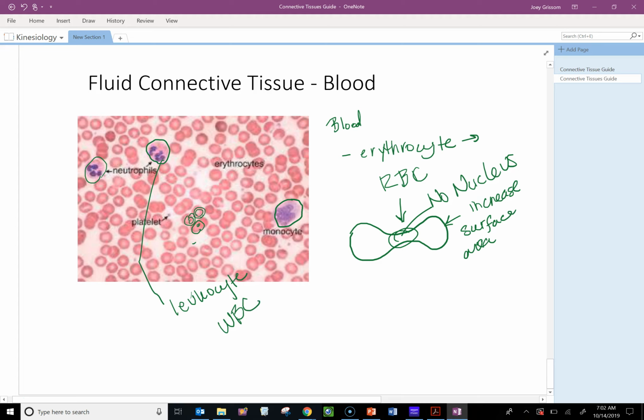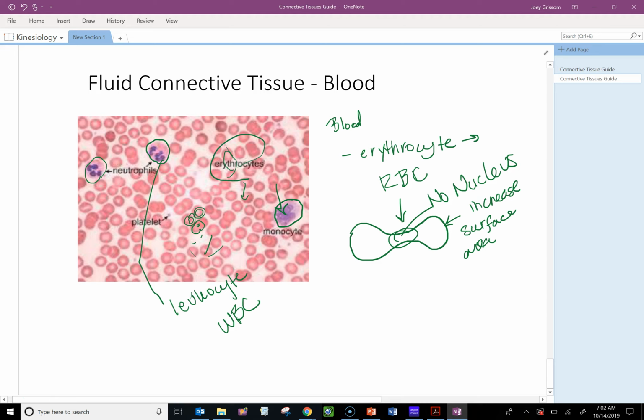If you're looking at the relative ratio, about 1% of your blood is going to contain any level of white blood cells if you're in normal homeostatic function. You don't have a whole lot compared to the amount of red blood cells that are present. These white blood cells are much harder to see, but you're looking for a nucleus, these darker stained areas inside of the cell, compared to everything else you're seeing outside, which is again much looser.